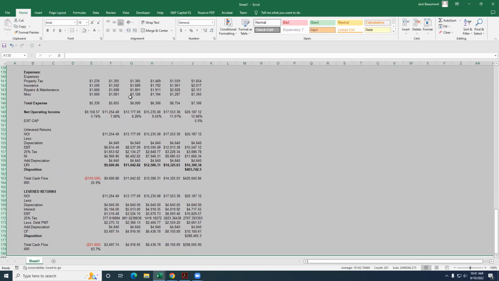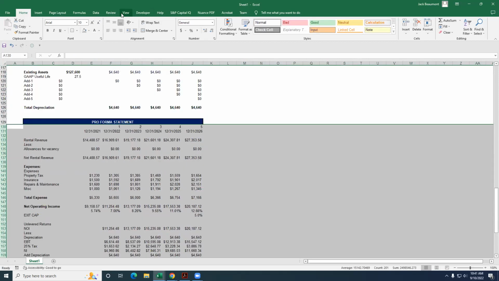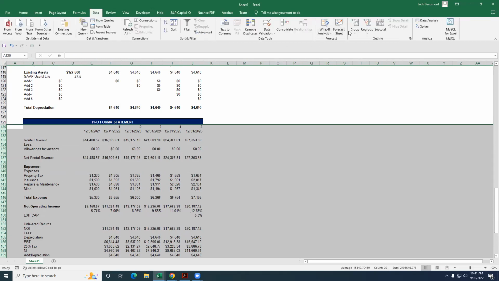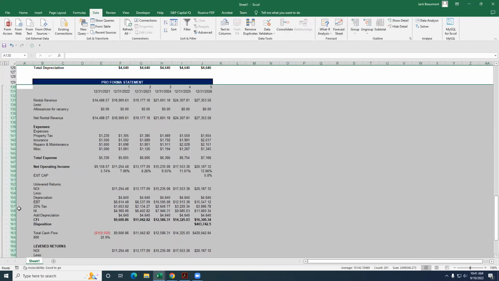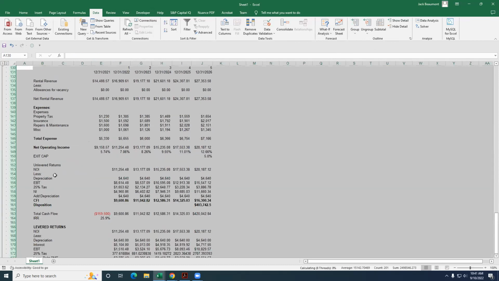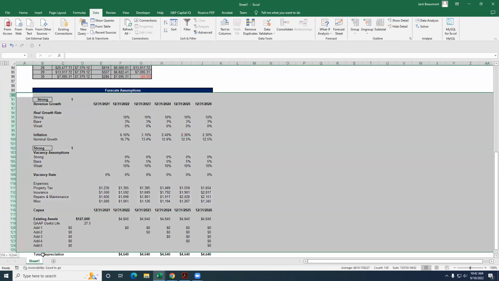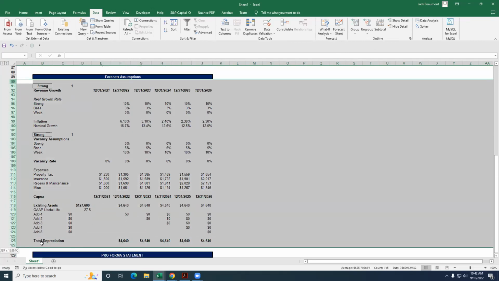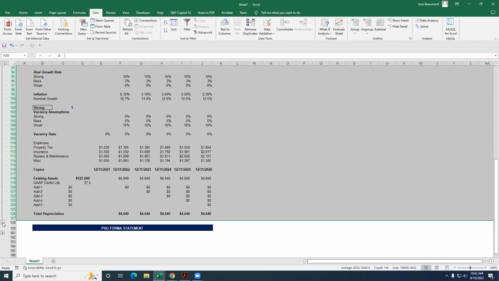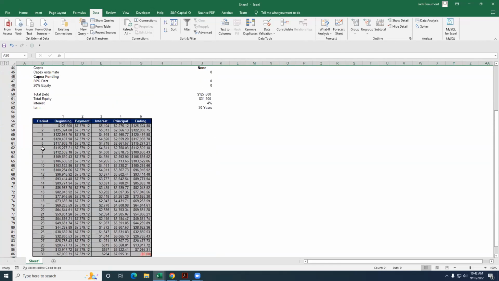So I'm going to select all of this, go to data, and group it. So watch this. That comes up. Forecast, do the same thing. I like to leave one space. Group. Okay.